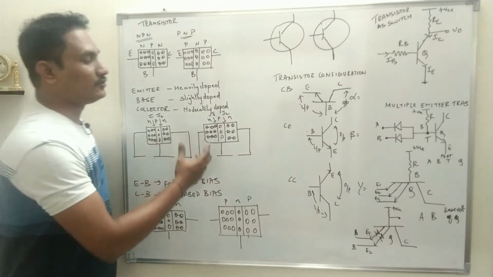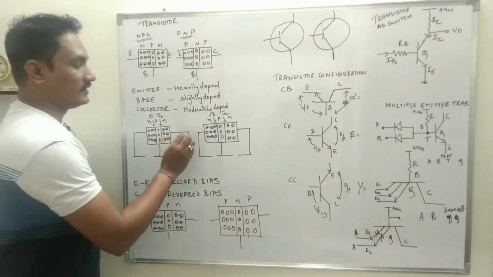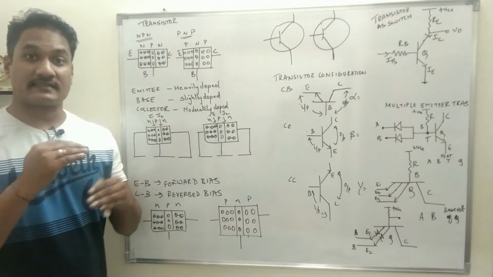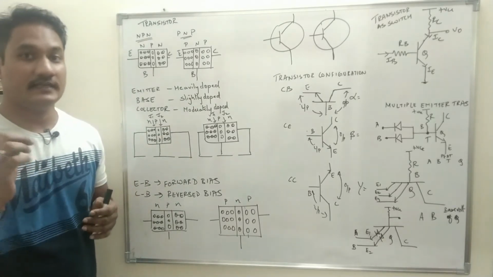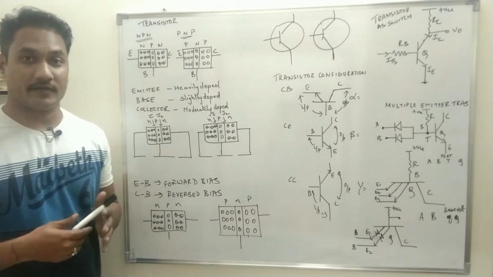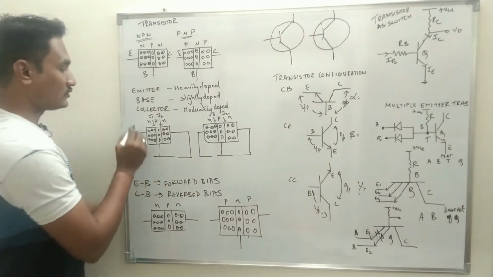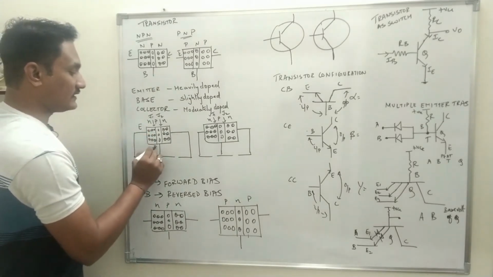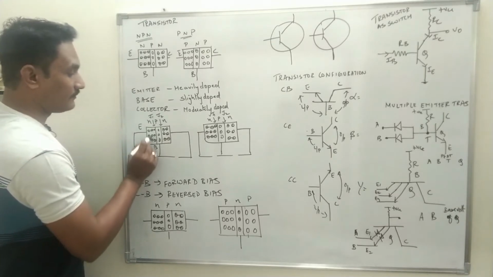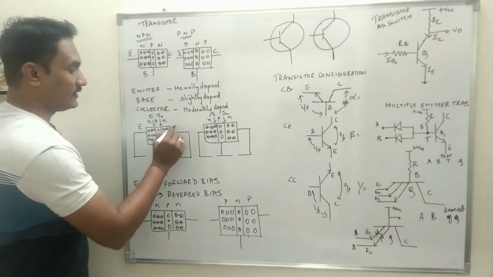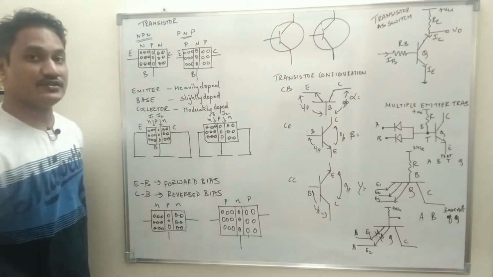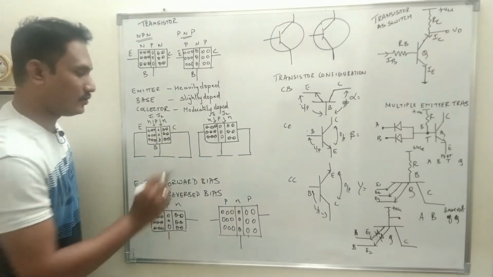Now let us see what happens when you externally bias the transistor. See the polarity with which I am connecting it. We have two junctions. One is emitter-base, J1, and the other is collector-base, J2.